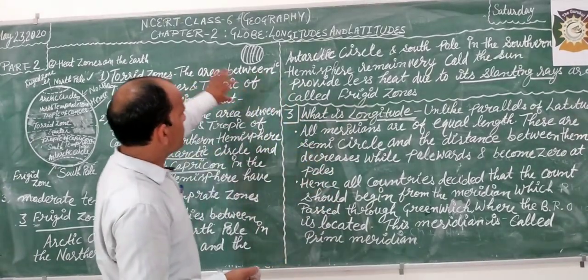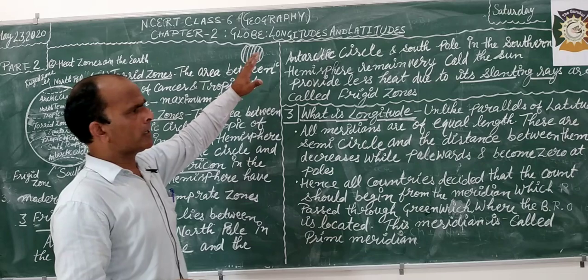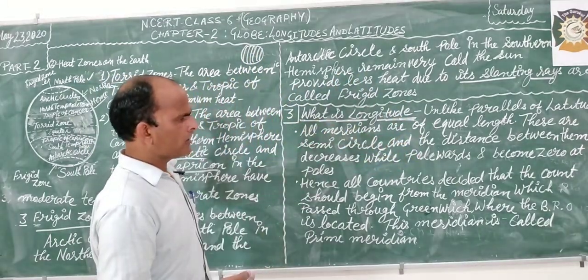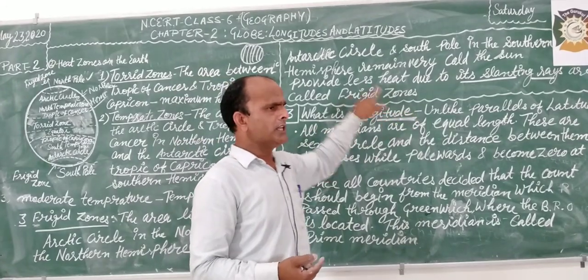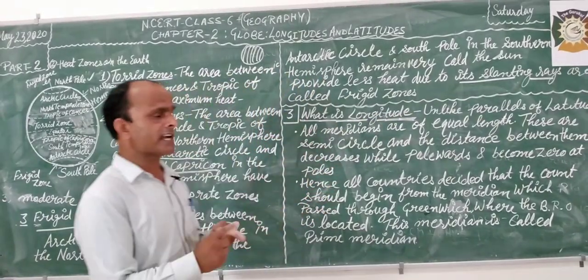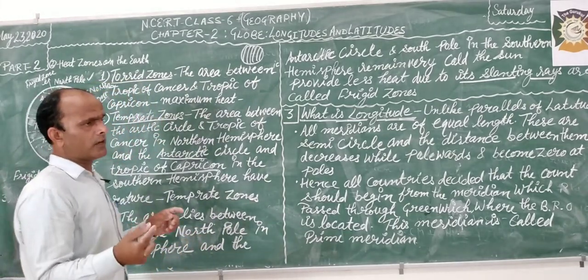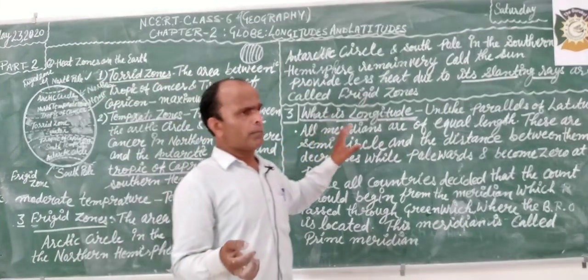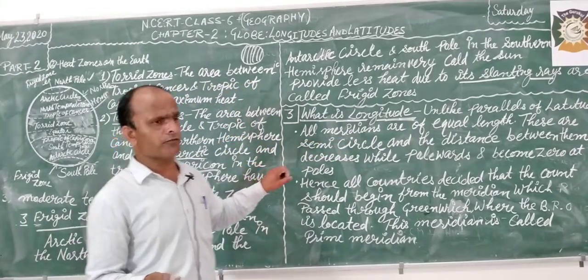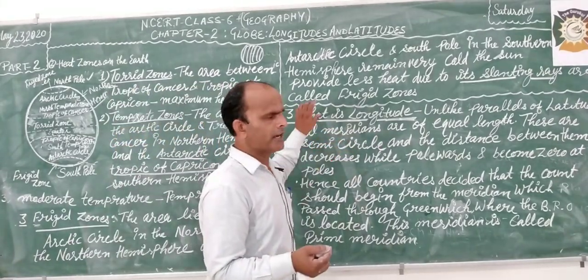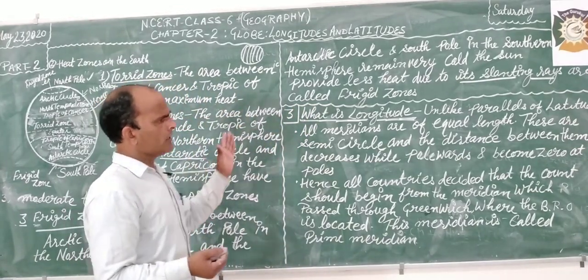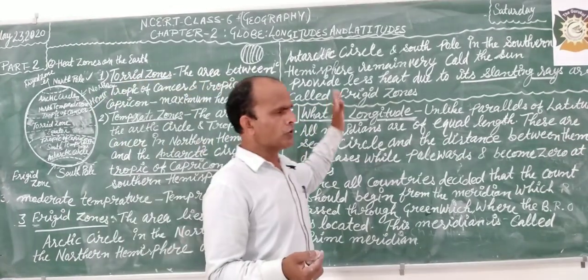When we combine latitudes and longitudes on the globe, the vertical lines and horizontal lines intersect each other, and these are the points. If we know the exact longitude of any place, we can get its location precisely. So this is the importance of longitudes.